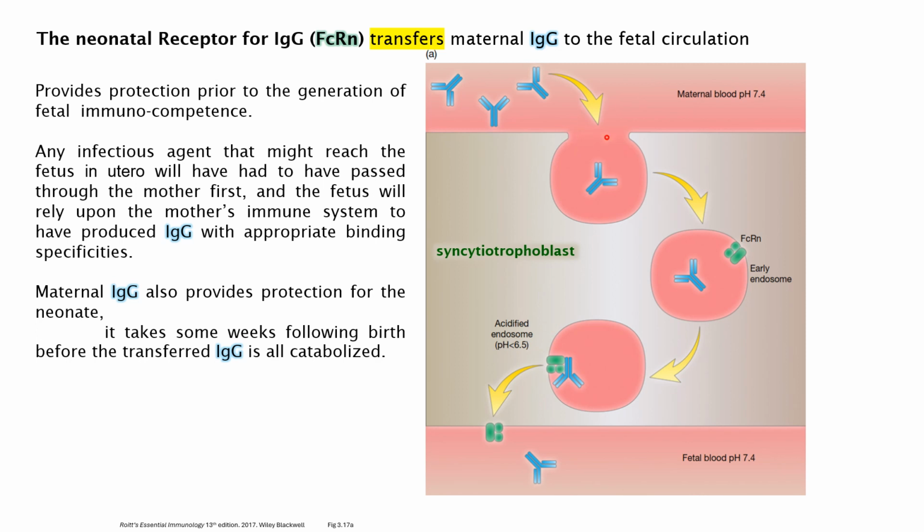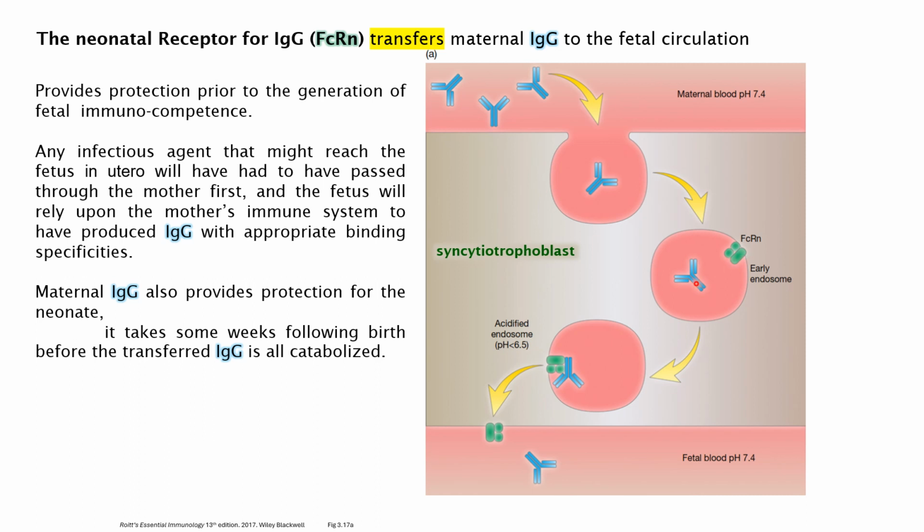First of all, the process of pinocytosis is able to capture some antibodies circulating in the blood. And then these fuse with an early endosome, which contains the neonatal Fc receptor.